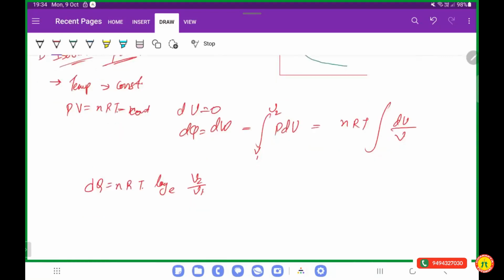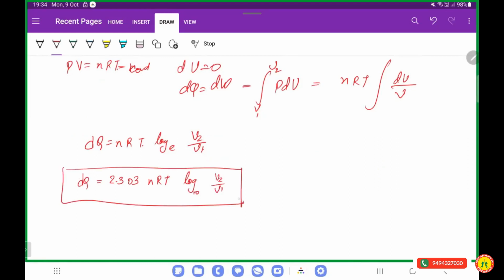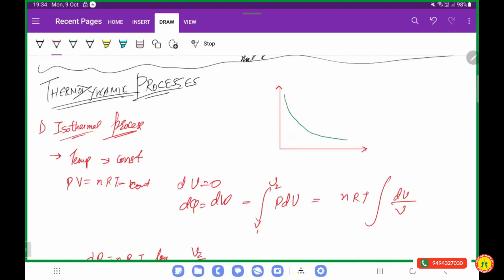To remove log e, we will do 2.303 nRT log base 10 V2 by V1, that is dQ. So your graph will become like this: P as pressure on y-axis, volume, and T is constant.